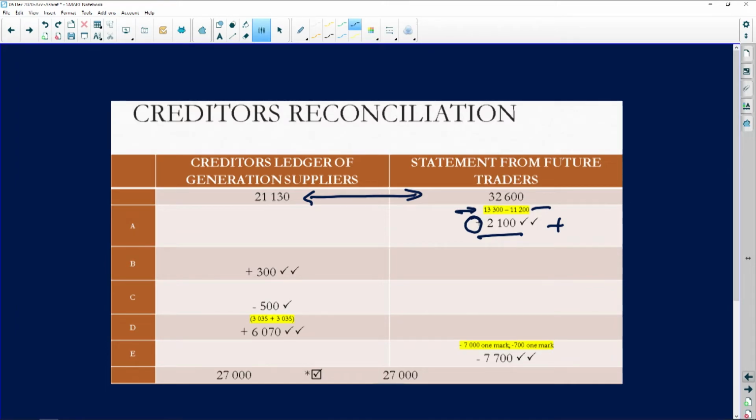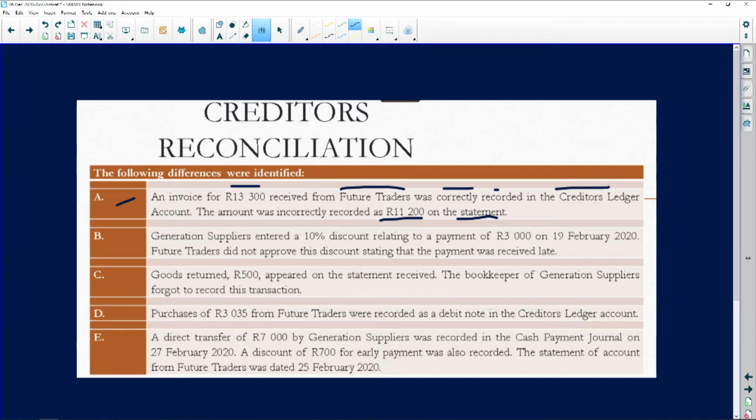Okay, let's go back. Number 2, Generation Suppliers entered a 10% discount. Now remember, we are Generation Suppliers, and we're dealing with our creditor who is Future Traders. You need to identify that so you know who's making the error.